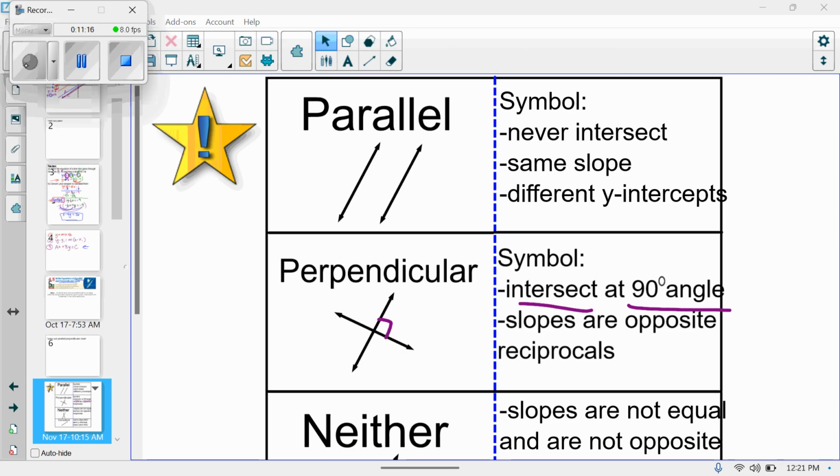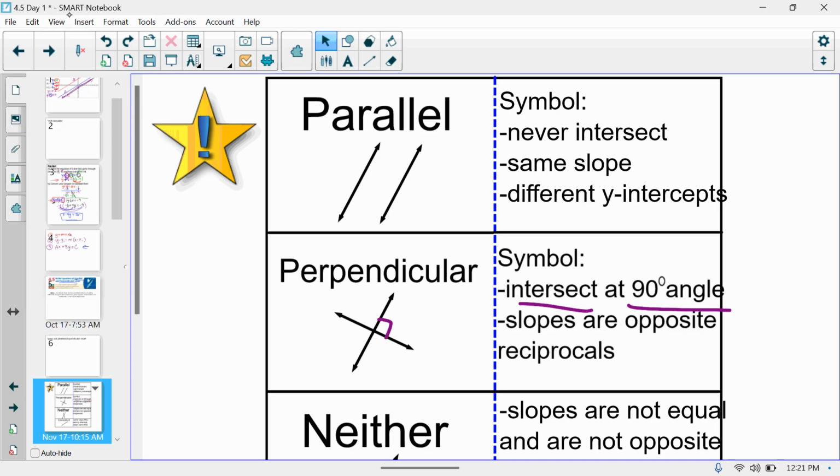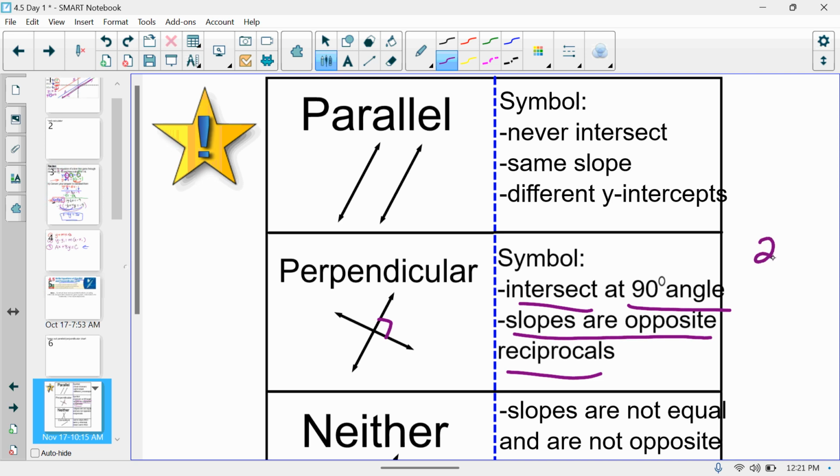So in order for lines to cross at a right angle like that, the slopes are going to have to be what we call opposite reciprocals. So I'm going to tell you what that means real quick. If the slope of one line is 2/7, like you might want to add this example to your margin here, the opposite reciprocal of that means -7/2, okay?